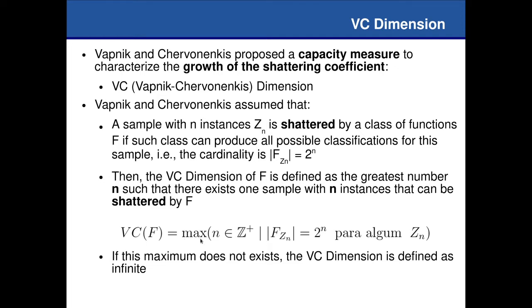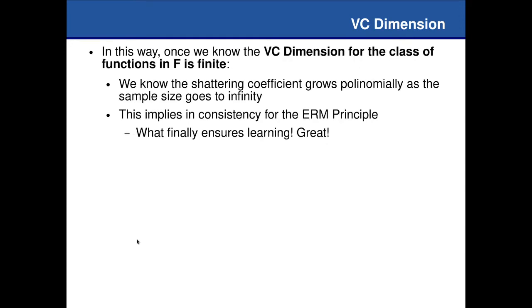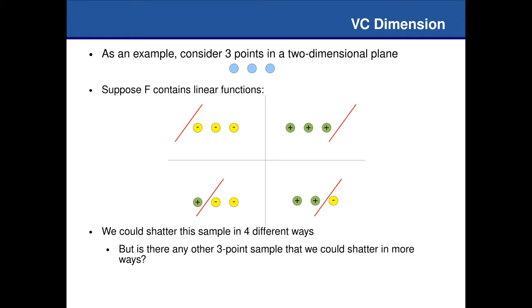This maximum number of instances, of examples that can be classified in every possible way, tells me a lot about the capacity of an algorithm bias, what is referred to as the Vapnik-Chervonenkis dimension. Just to have an idea, let's start with a simple example. Here we have 3 points on a two-dimensional plane.